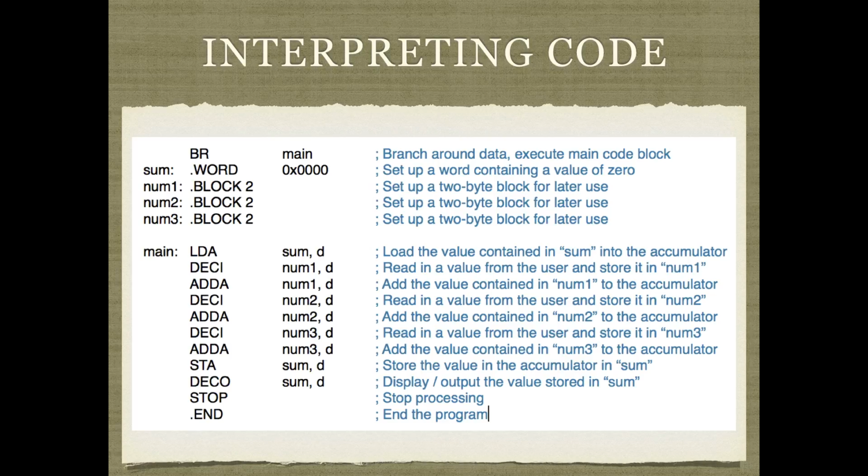Finally, down near the bottom, we have STA, which means store A. We take the value that's in the accumulator, the sum of the numbers the user provided, and put it back into the memory location designated by the label sum. And then at the end, DECO sum D: take the value that was stored in sum, print it back to the user, stop processing, and end the program. The code isn't perfect. It is very repetitive.